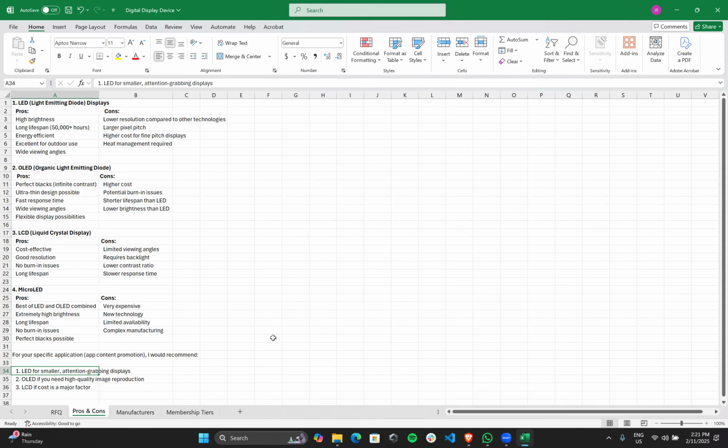And then the question is, what really is the price differential between LED and OLED? And when you say shorter lifespan, are we talking about months, or are we talking about years? And when is it a moot factor? Just by having this information here, that's fine. But if you don't go ahead and put down concrete numbers, quantify them, it's harder to make those decisions.